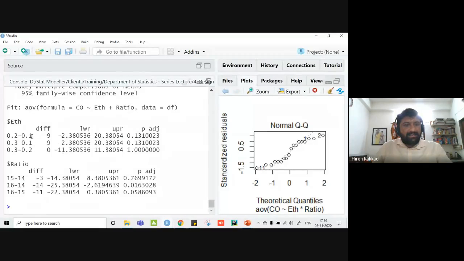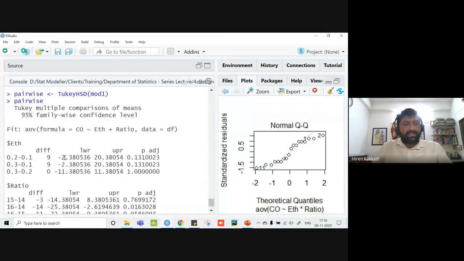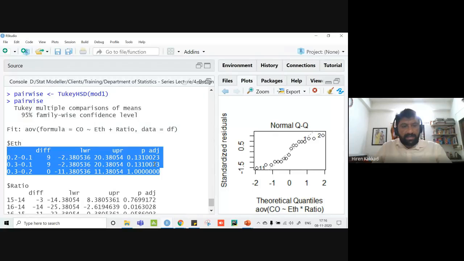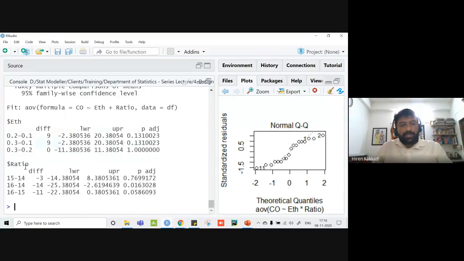Then let us have a look at what it has stored. Here you can see the difference, lower bound, upper bound, and then p-value. It has done the comparison between ethanol and its different levels, 0.2 and 0.1. Here we don't find any significant difference, and we have already observed that in ANOVA also. In model 1, ethanol did not have a significant impact, but for the ratio, it is comparing pairs of levels, 15 and 14, 16 and 14.